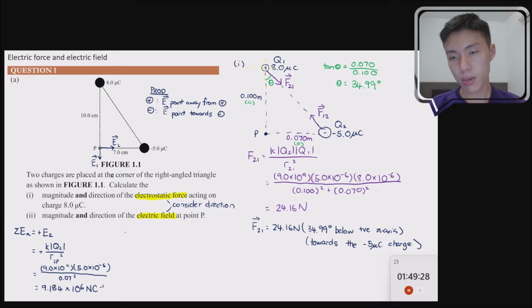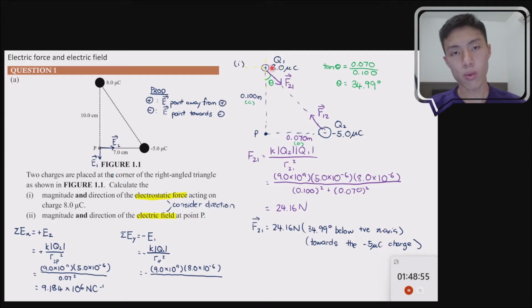How about sum of Ey? If you look at the y-axis, there's only E1, but it's pointing in the negative direction, which is downward, so this is negative E1. So we can do k Q1 over R1P squared, which is equivalent to negative 9.0 times 10 to the power of 9, Q1 is 8.0 times 10 to the power negative 6, distance between 1 and P is 0.1.